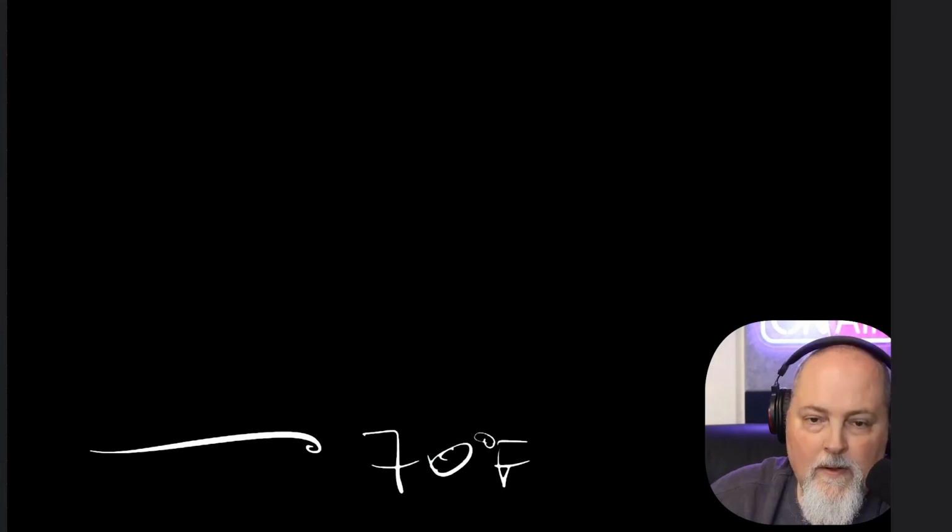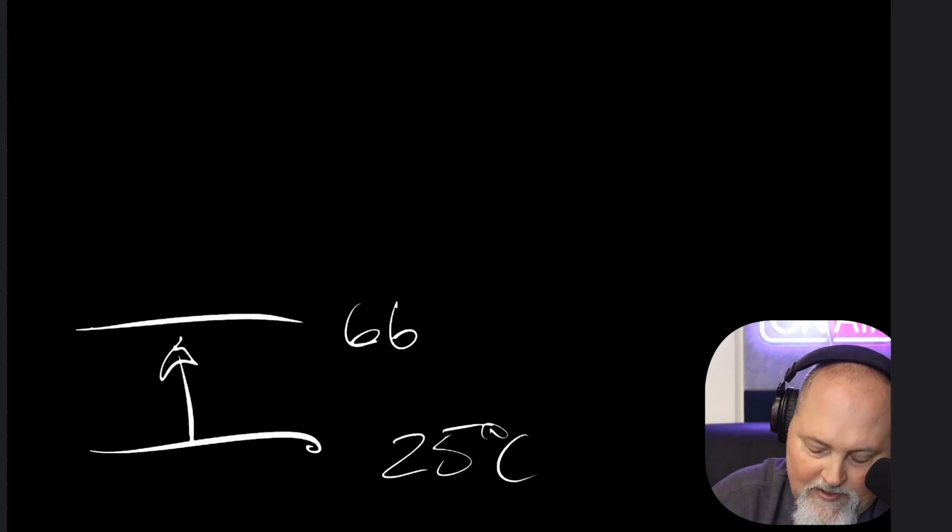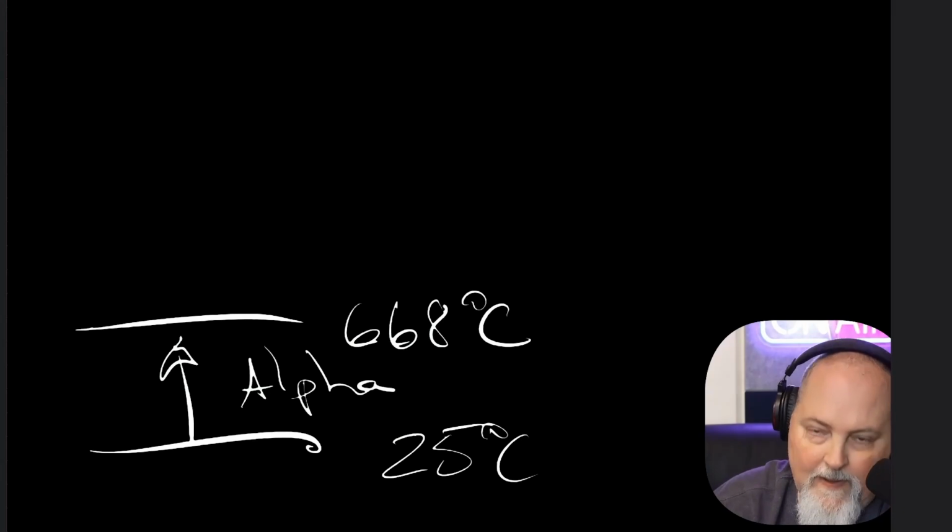So the alpha phase of uranium, if we set room temperature down here, say 70 degrees Fahrenheit, let's just say 25 degrees Celsius, because this is in Celsius, goes up to about 668 degrees Celsius. Up to 668 degrees Celsius, this is alpha phase.